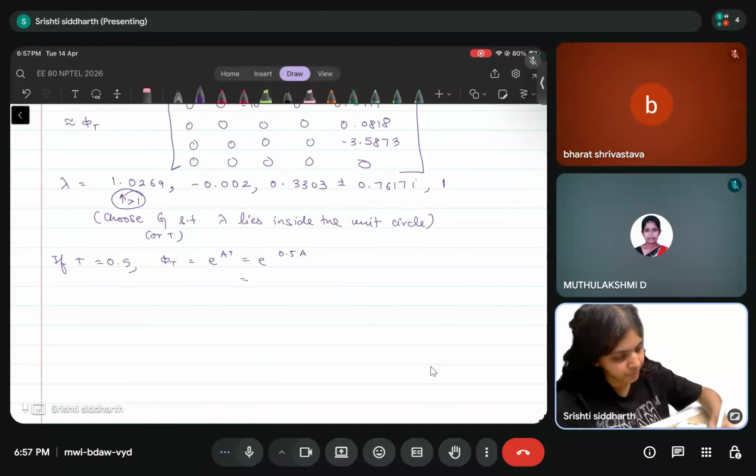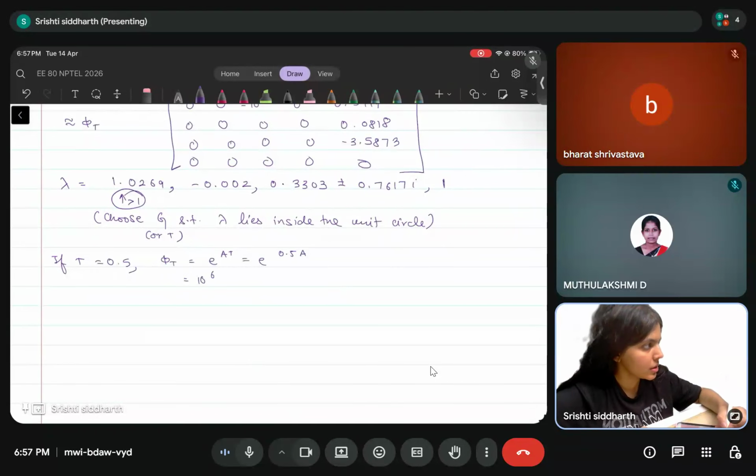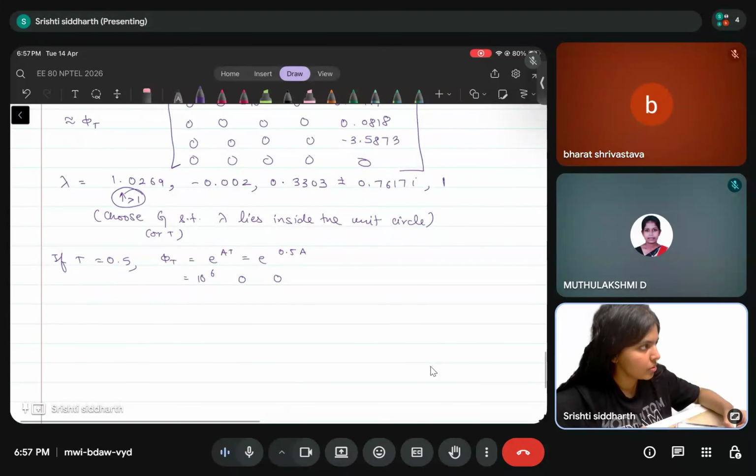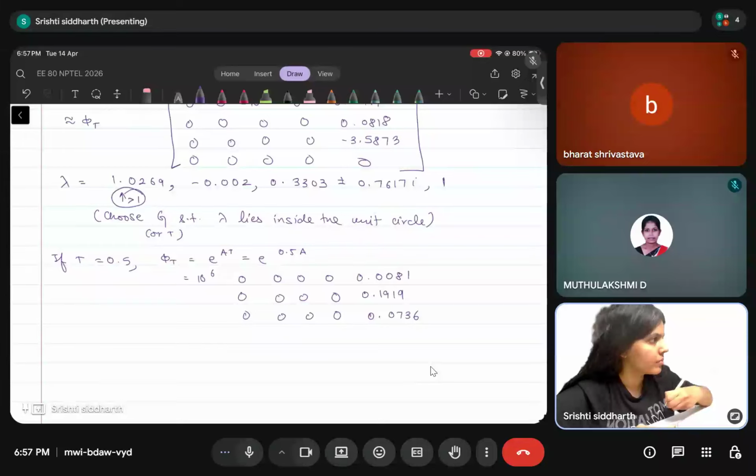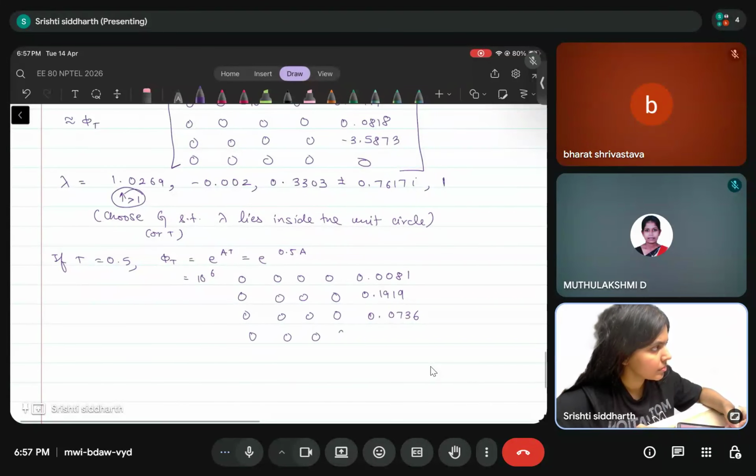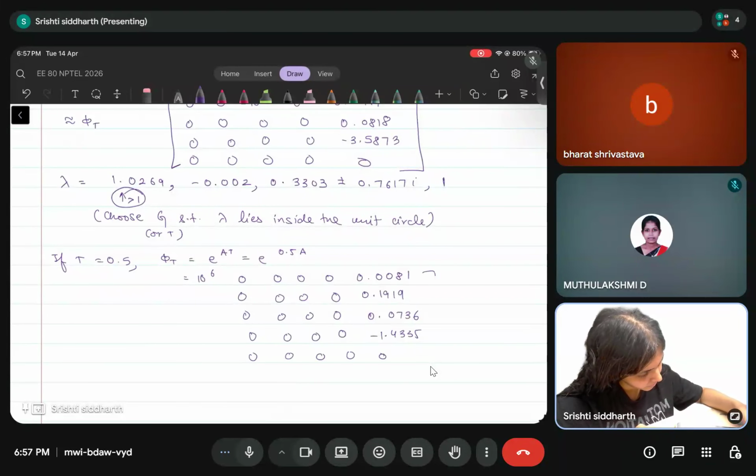This is equal to 10 to the power 6, 0, 0, 0, last row this is 0.